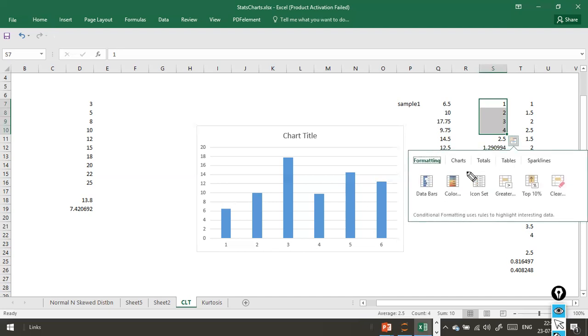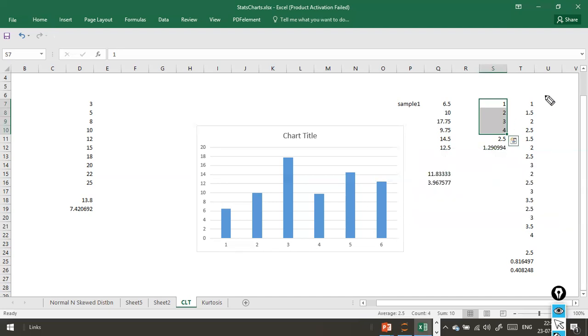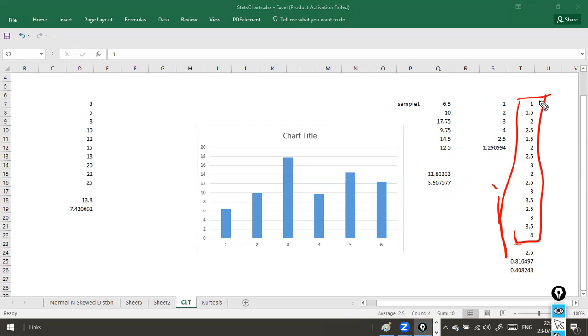We can draw 14 samples here. Each sample, we compute the mean and then note down the mean. When you plot all these sample means in a distribution, that is called your sampling distribution.